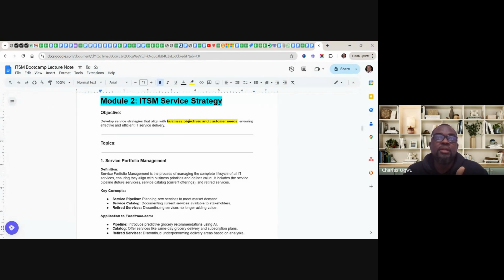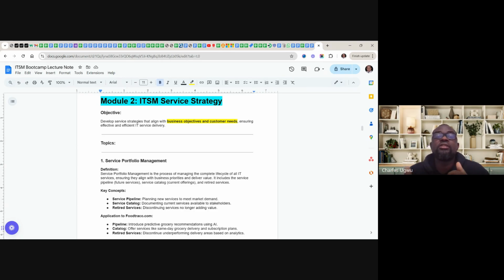Is it within banking? Banking has a different business objective. Education has a different business objective from banking. If you are trying to develop a strategy for, let's say, the National Assembly, it is different.